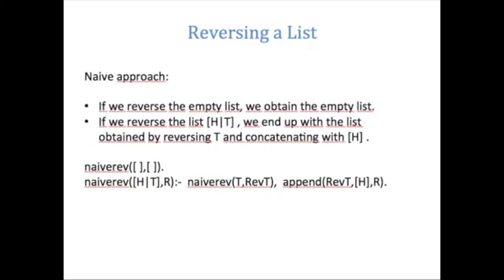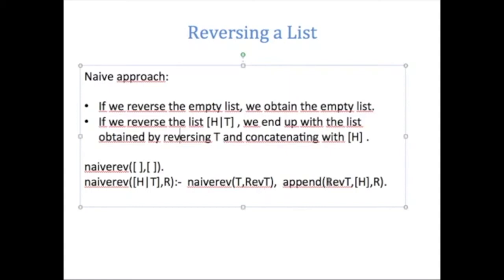Next, I'd like to move our attention to the idea of reversing the order of elements in a list. And the naive way to do it, which is logically correct, is that our base case is going to be the empty list. So if we reverse the empty list, we obtain the empty list. Then if it's not empty, there's a head and a tail.